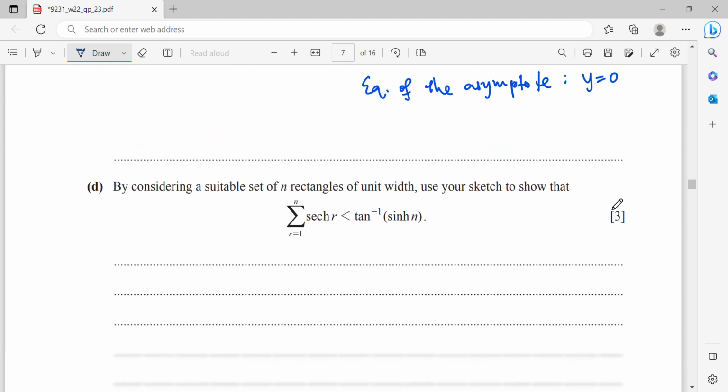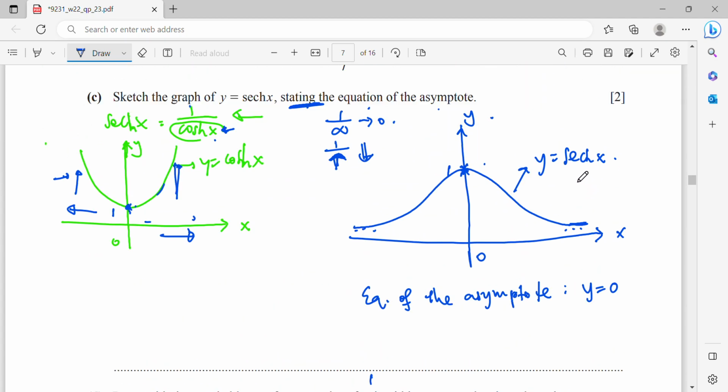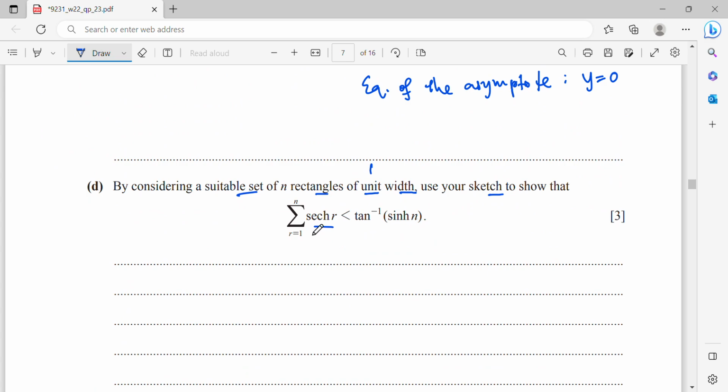Now D. By considering a suitable set of n rectangles of unit width. Unit width means that the width is 1 unit. Use your sketch to show this inequality. Just like we sketched hyperbolic secant x, you see here hyperbolic secant r, so you can change the r to x later on.